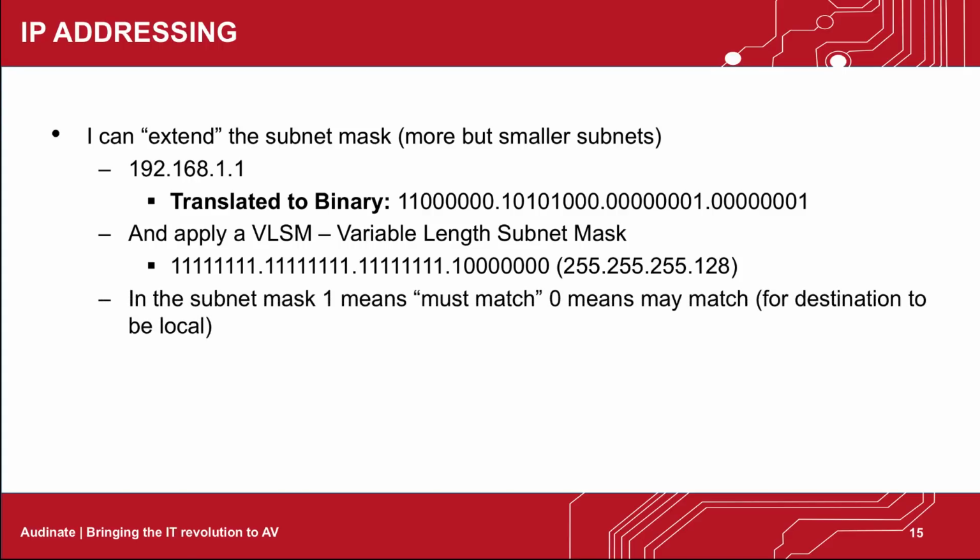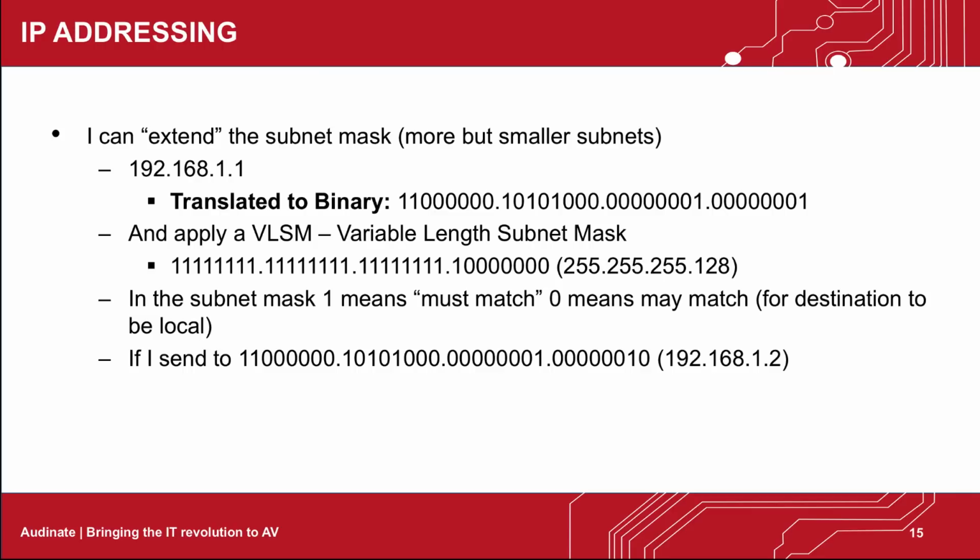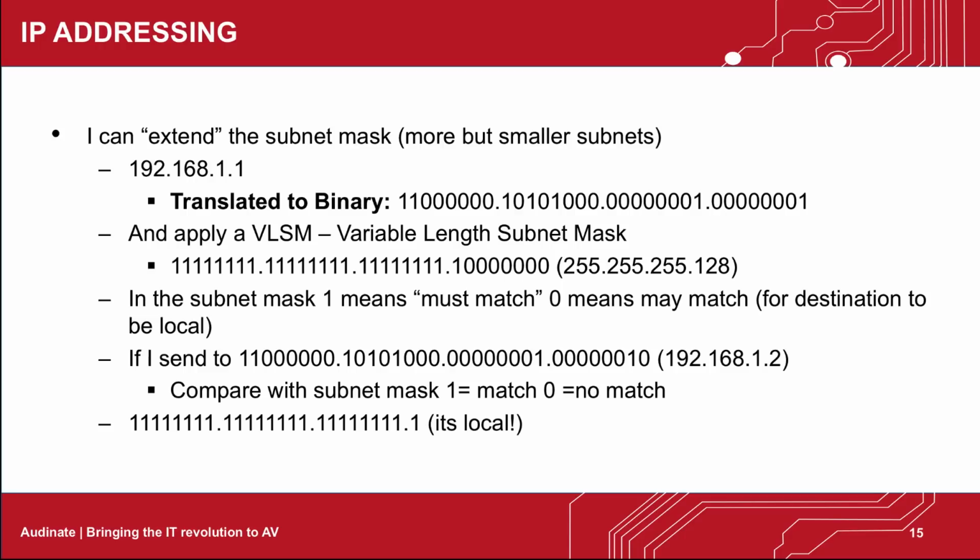As we know already, in the subnet mask, 1 means must match and 0 means may match for the destination to be local. This means we have actually shortened the IP subnet by 1 bit. Now instead of having 256 potential values in the last octet, we have only 128 values. Now we compare this as we did before, and we can see that this too is local.